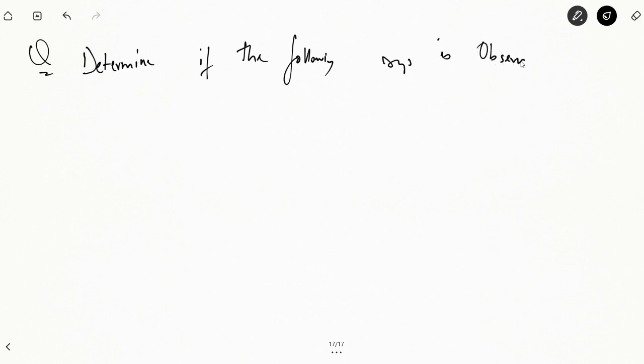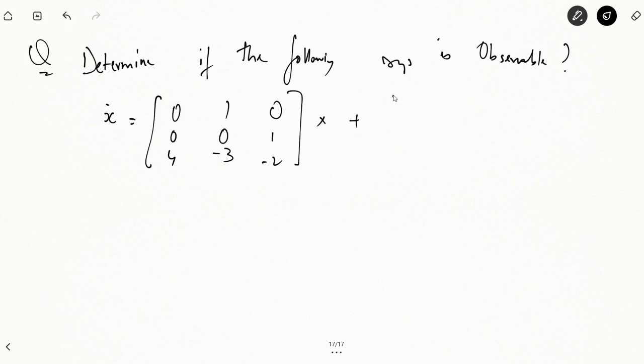Determine if the following system is observable or not. The system is given to you: x dot is equal to [0, 1, 0; 0, 0, 1; minus 4, minus 3, minus 2] x plus [0; 0; 1] u, and y is equal to [0, 5, 1] x.